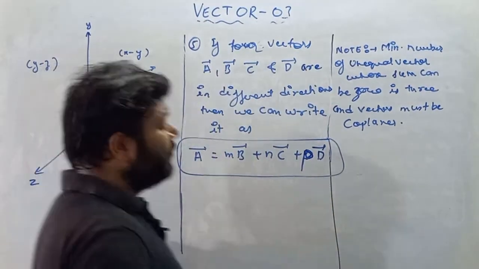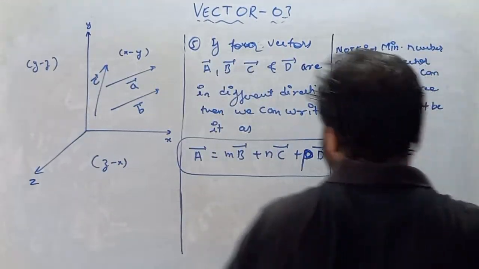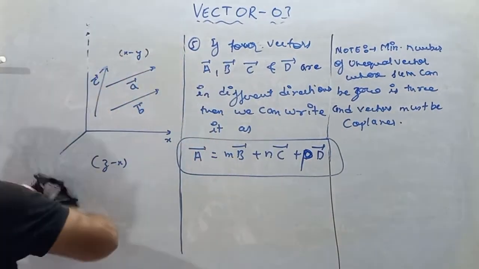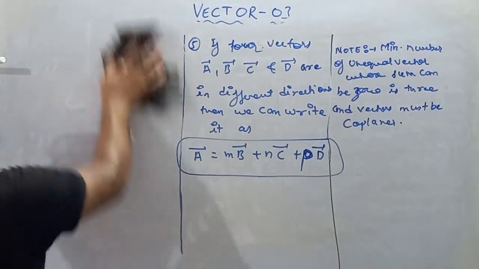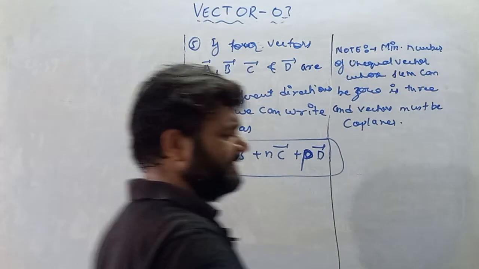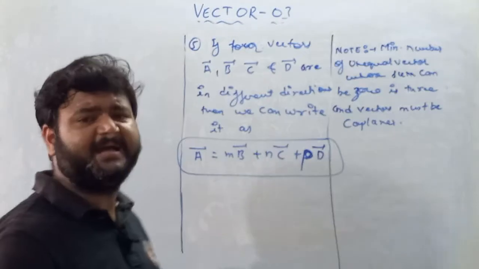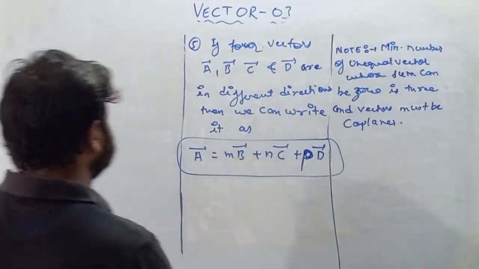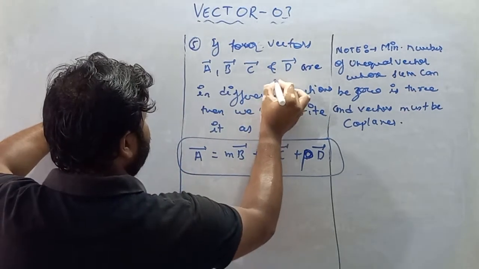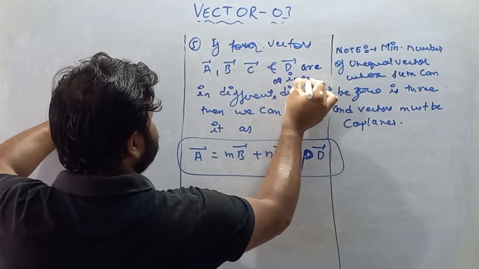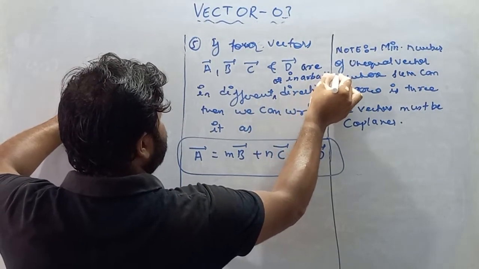So if 4 vectors are there and they lie in different directions, different means in arbitrary direction, in any direction, either it will be in the same direction or in a different direction.